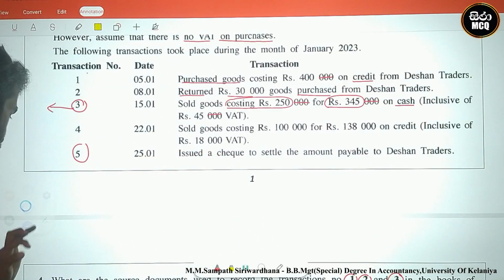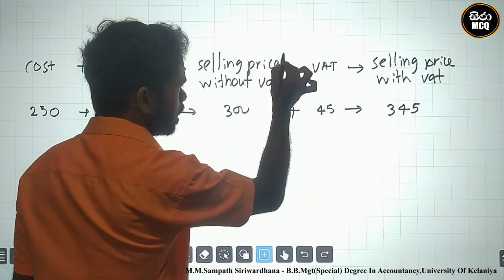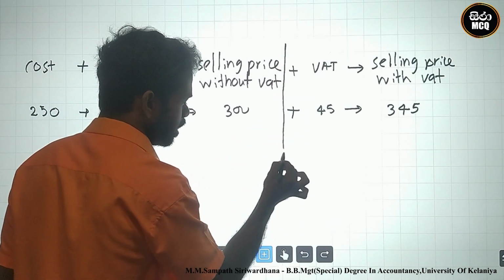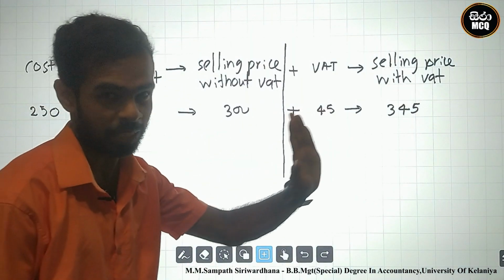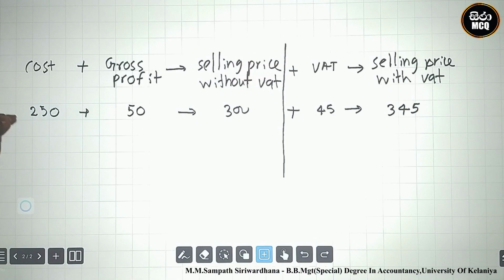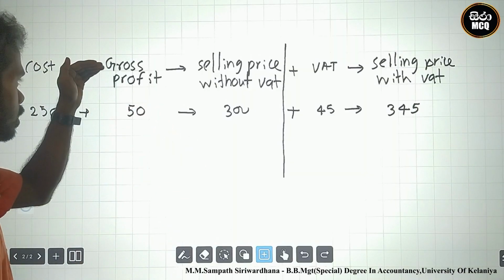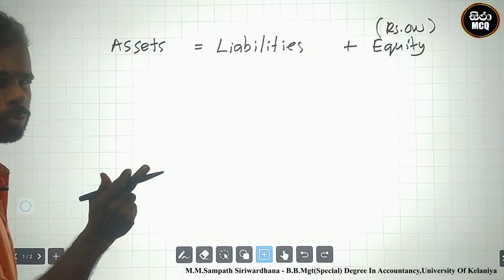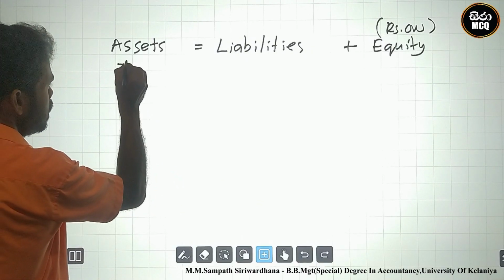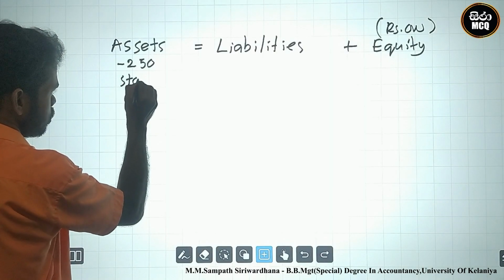Okay, let's see. At that time, I first create the impact, the increase or decrease, up to this point without VAT. What is the transaction? Goods costing 250 sold for 300 with gross profit 50. The impact is cost 250, which must be deducted from inventory, stocks.